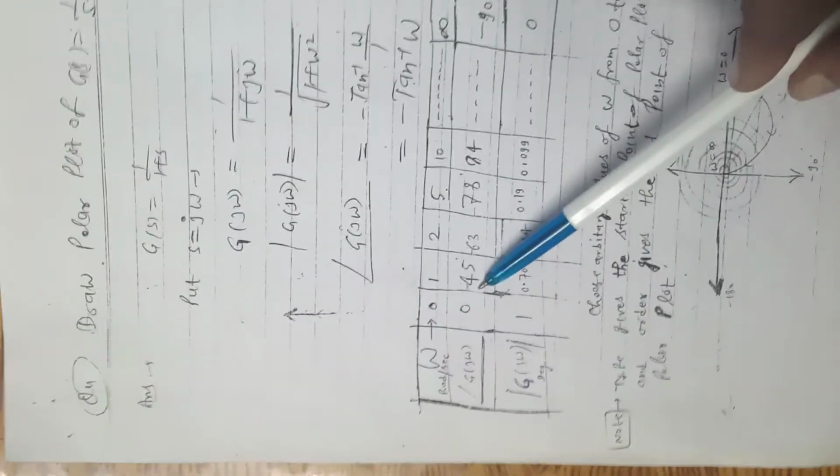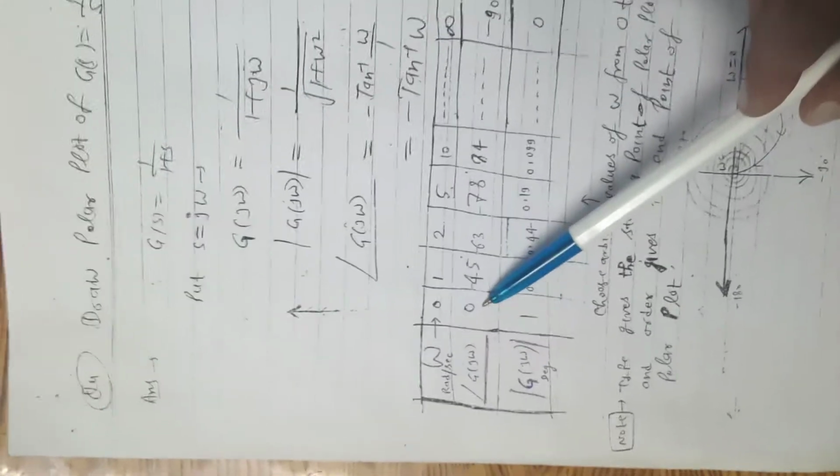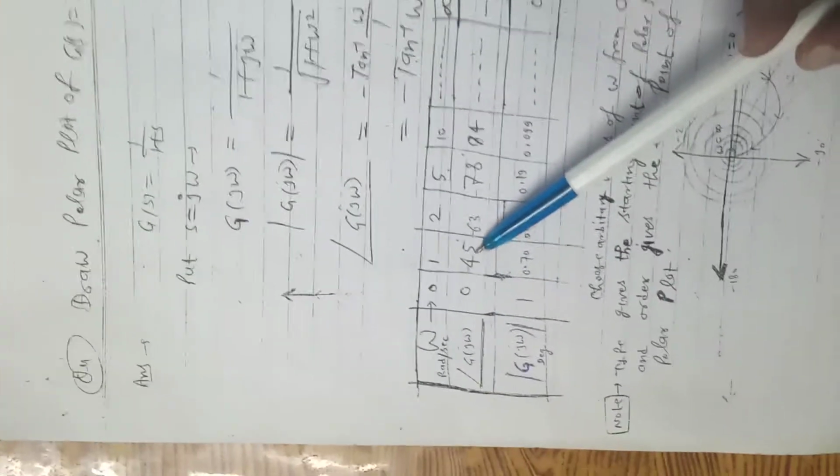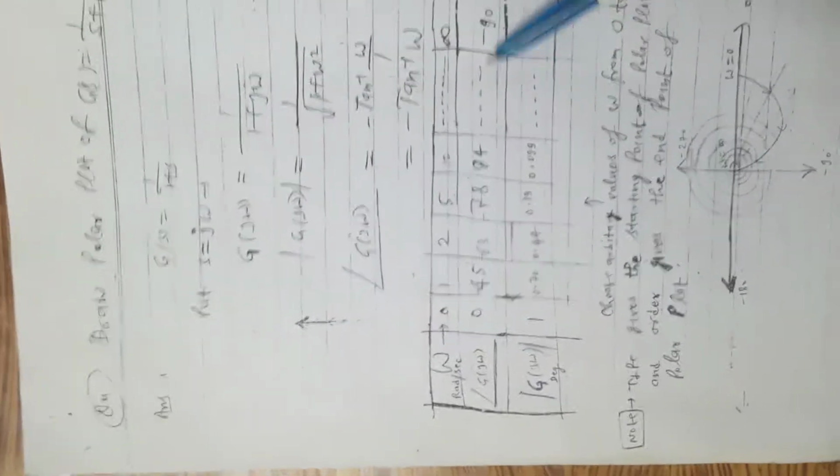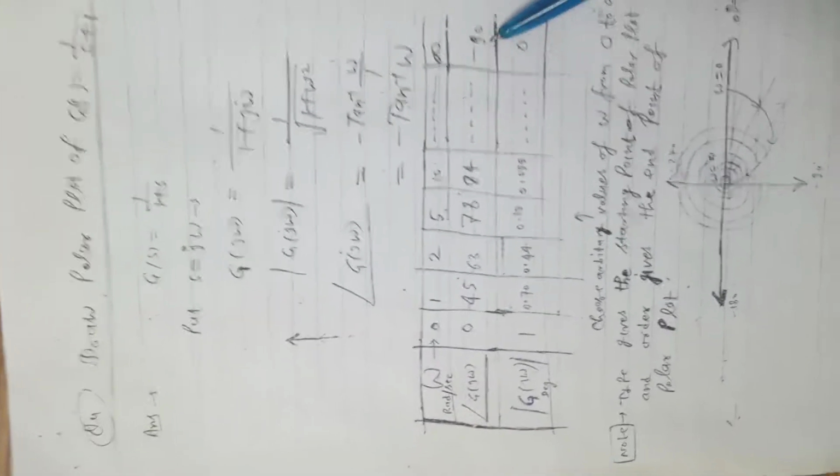And the phase at ω = 0 is 0, and then it increases in the negative: minus 45, minus 63, minus 78, minus 84, and at ω = infinity it is minus 90.